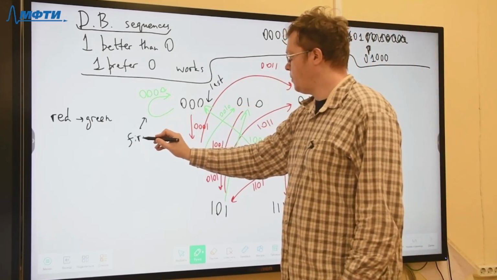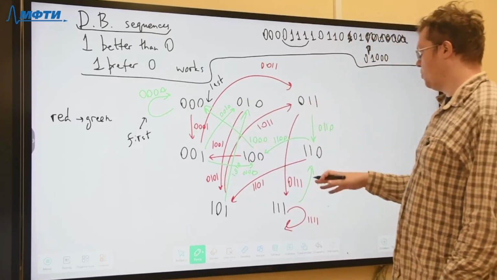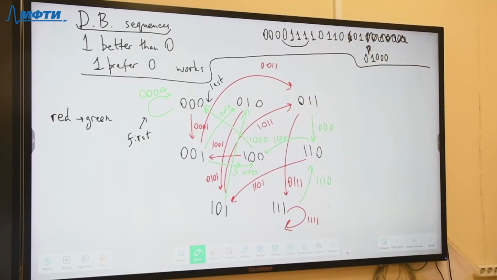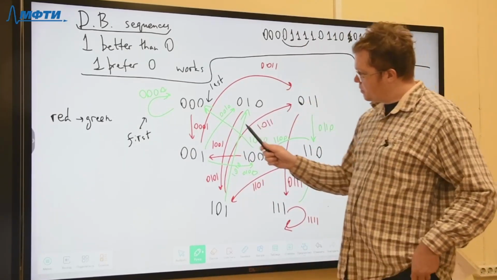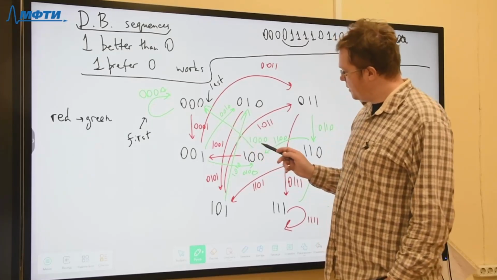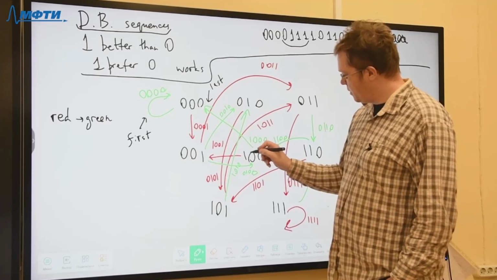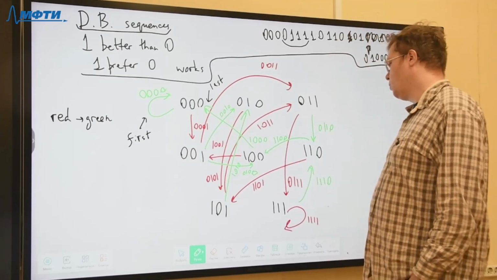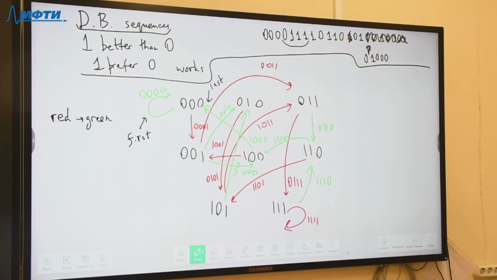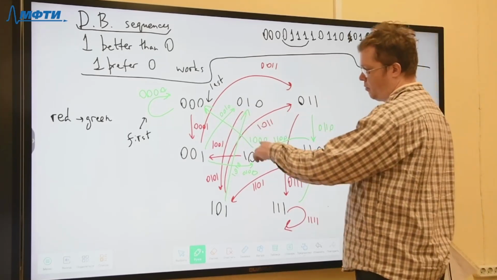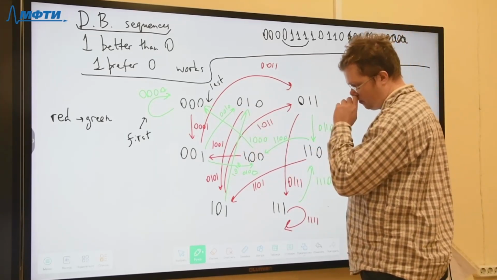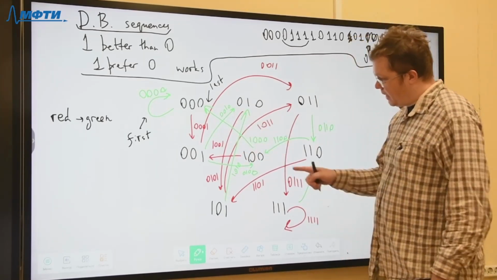And then I prove by induction that I use all the edges to go through, because if I use this green edge, this means that I was twice in this node. So I used all the edges out of this node.